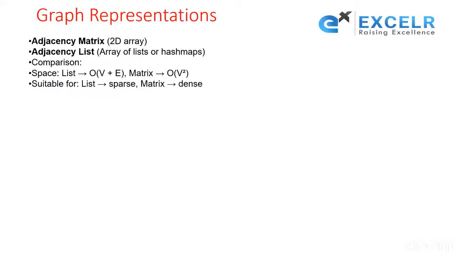Yeah, actually, today we will see how graphs are represented. So these graphs are actually represented using adjacency matrices and adjacency lists. And may I know what is this adjacency list and adjacency matrix?